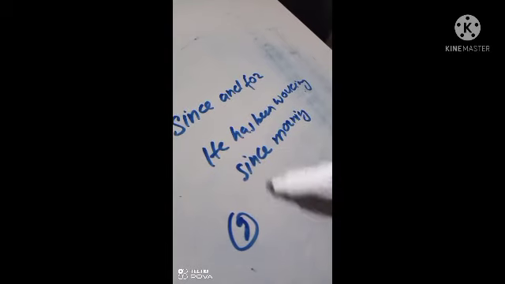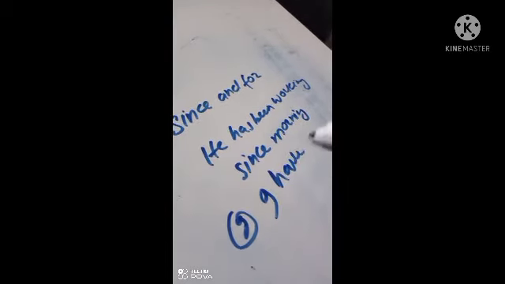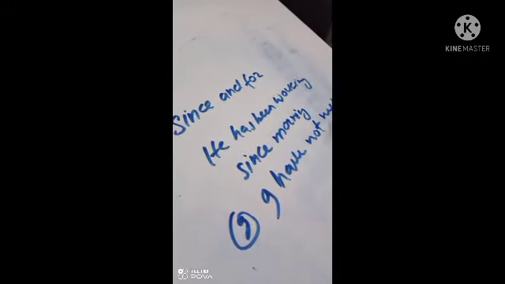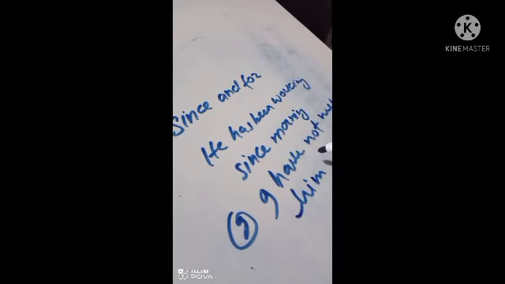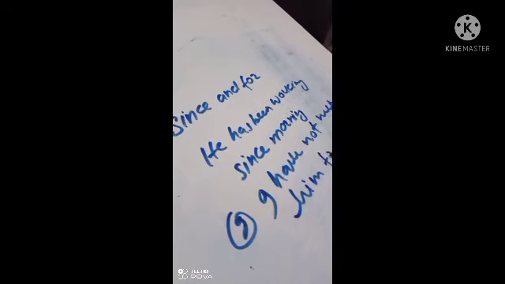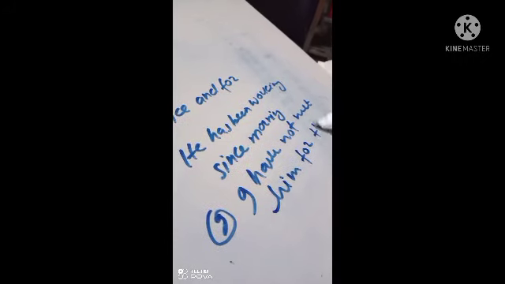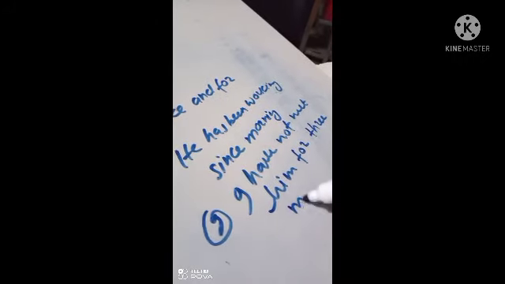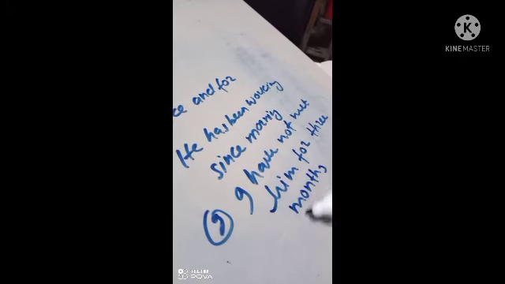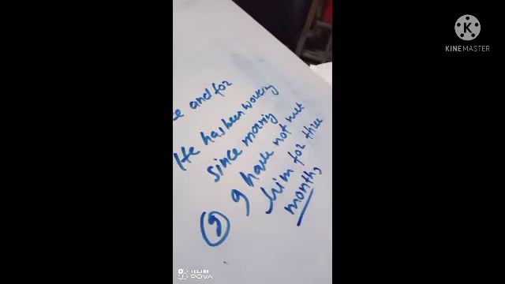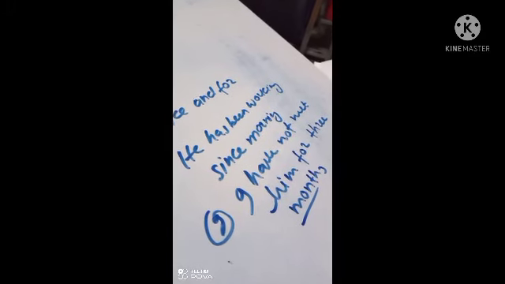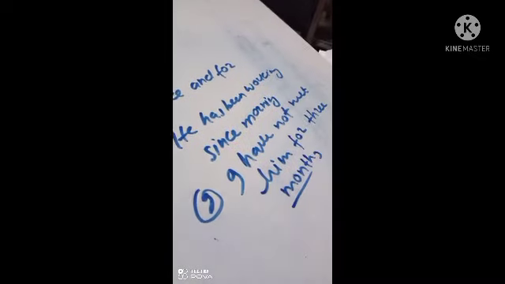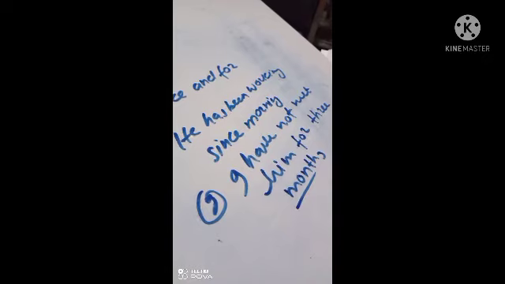For example, I have not met him for 3 months. Okay, so here the months are mentioned, 3 months, but it doesn't mention which 3 months, April, May, June, July. So they are not mentioned. So it means the exact time is not mentioned when we use "for".